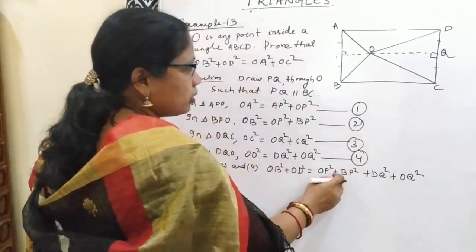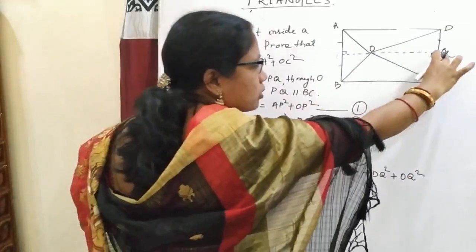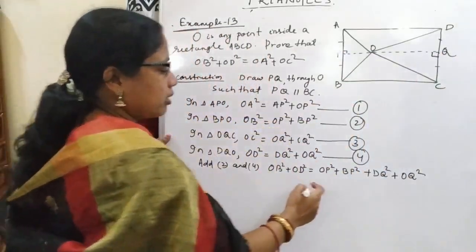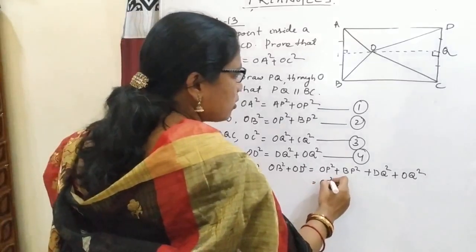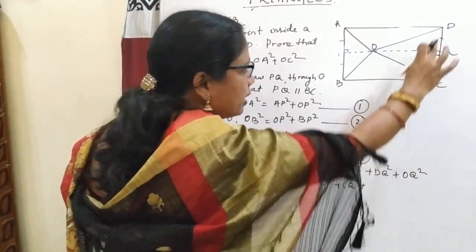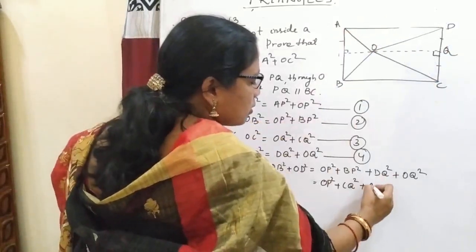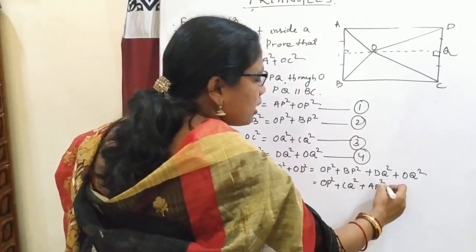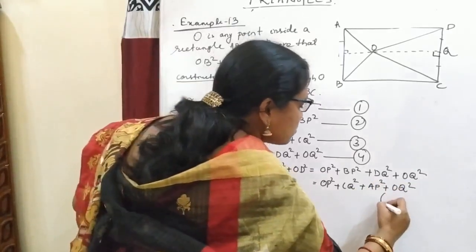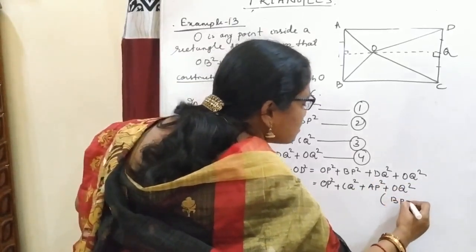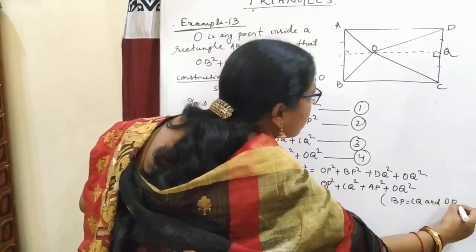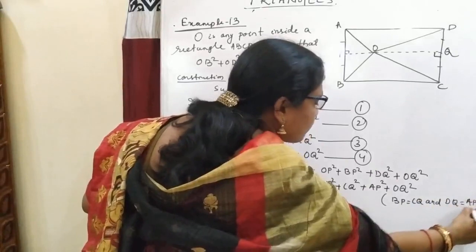Here we know that BP is equal to CQ because PQCB is a rectangle, and DQ is equal to AP. So OP square plus CQ square plus AP square plus OQ square.